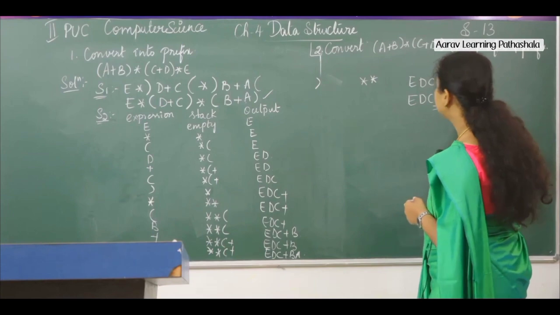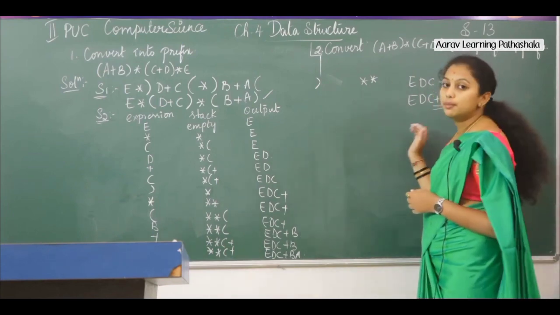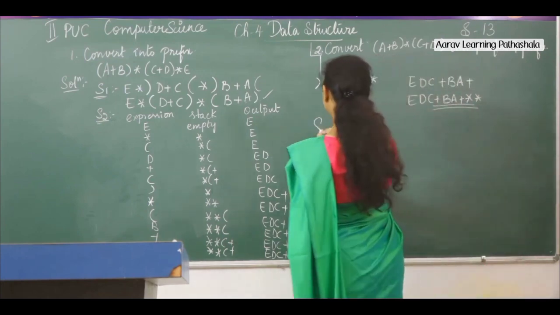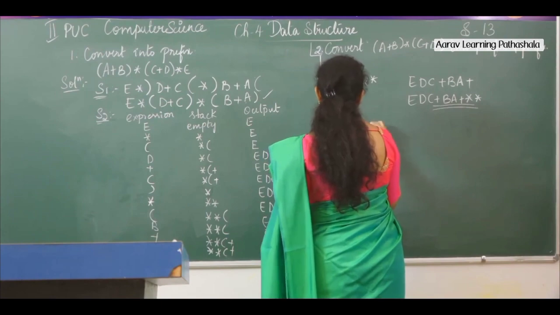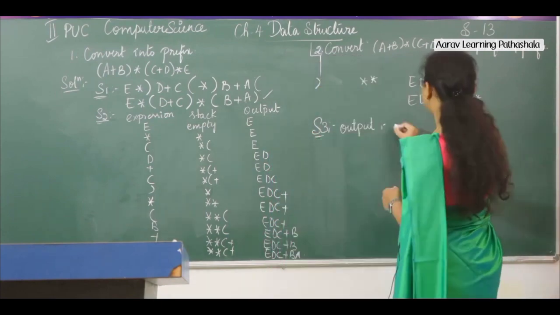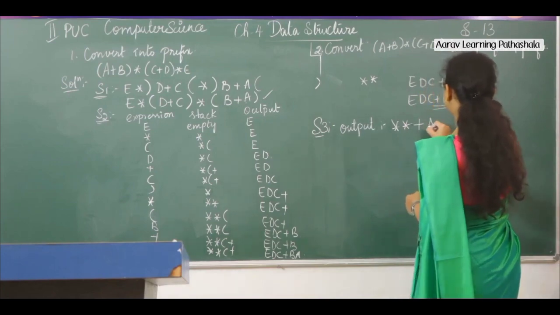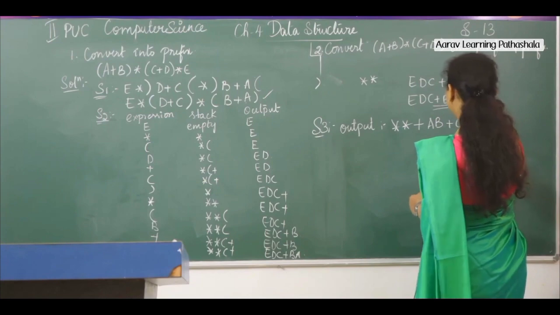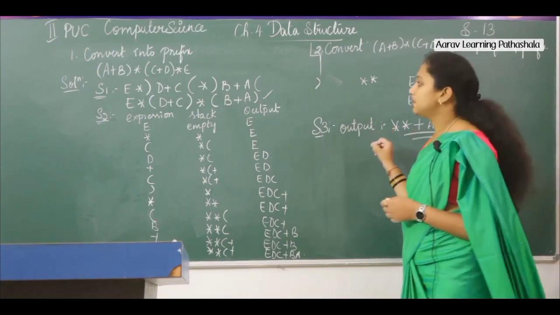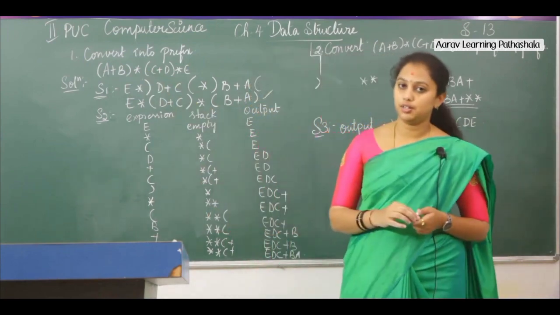So we have to reverse this postfix expression output to get the prefix expression. So in step 3, the output will be star star plus AB plus CDE. So this is the prefix value of this infix expression.